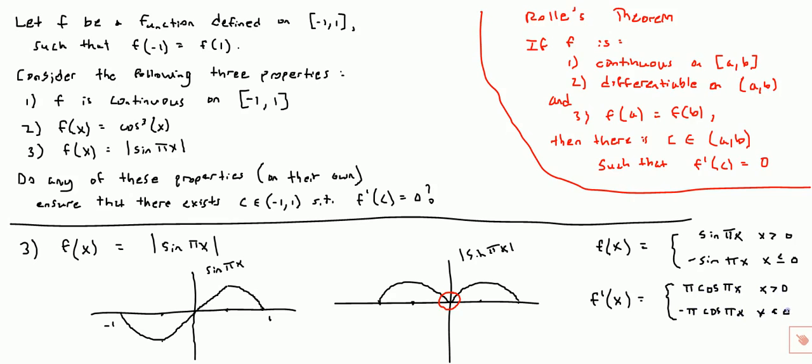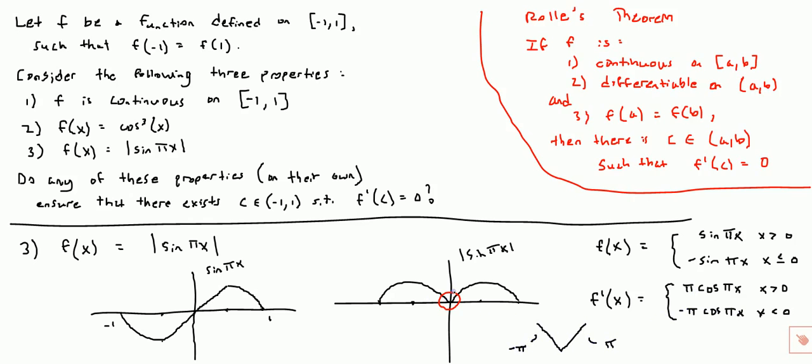We can't say what it is at x equals 0, because if you took the limit as x approaches 0 from the right, it would tell you that the derivative was pi, and if you took the limit as x approaches 0 from the left, it would tell you that the derivative was negative pi. So if you zoomed in, it would look like this, where this derivative was pi, and this was negative pi.